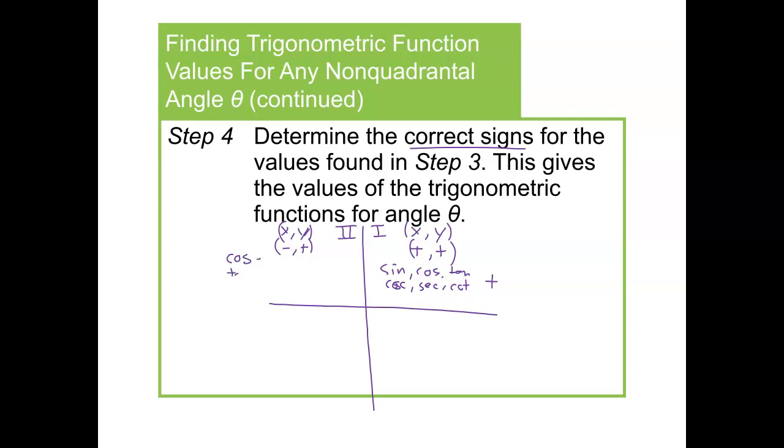Yeah, so tangent will be negative. And since cosine is negative, which reciprocal has to be negative? Secant. And since tangent's negative, what else has to be negative? Cotangent. So those 4 values become negative once we move to quadrant 2. But sine and cosecant stay positive.